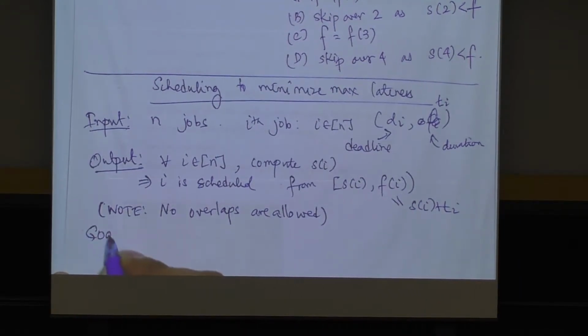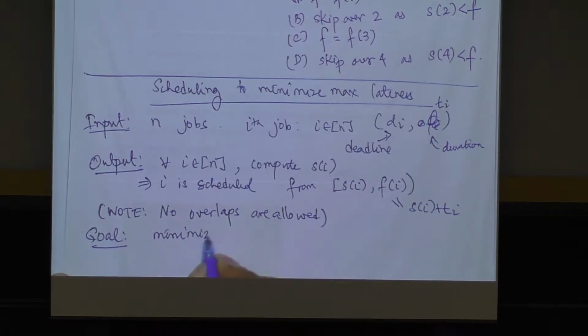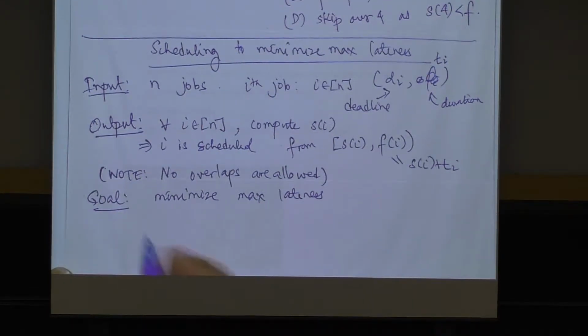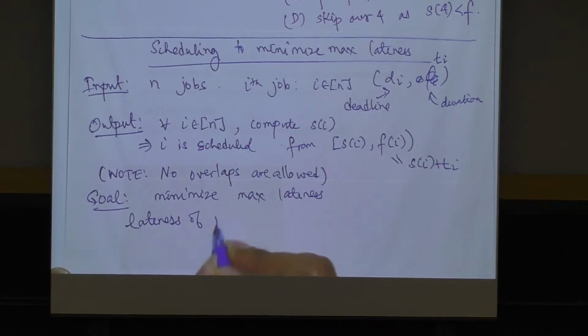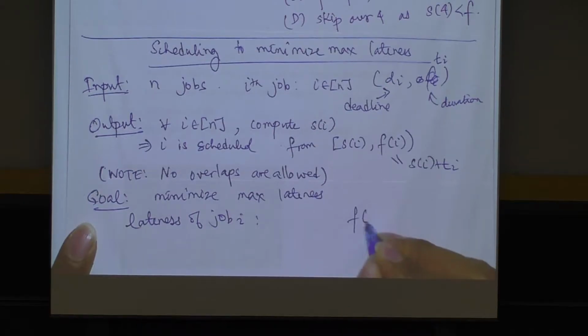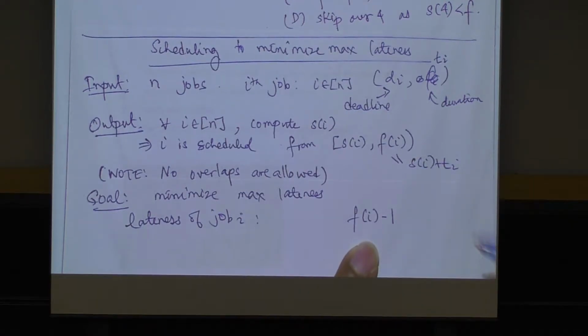And so our goal is to minimize maximum lateness. So let's formally define this too. Once I schedule job i, the lateness of job i is basically, and remember by convention the finish time, the actual day you have to finish, is just 1 before.